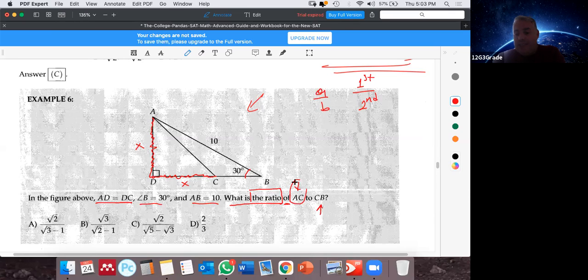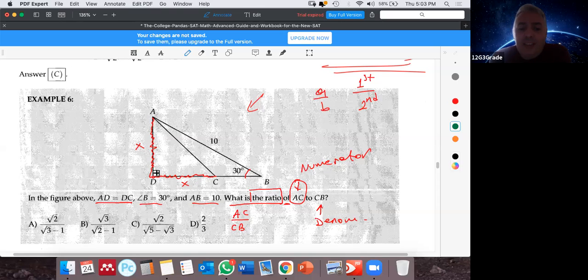It means AC is in the numerator and BC is in the denominator. So what is AC over CB? Now, when I look at my figure, AC is something here. My dear students, be careful.